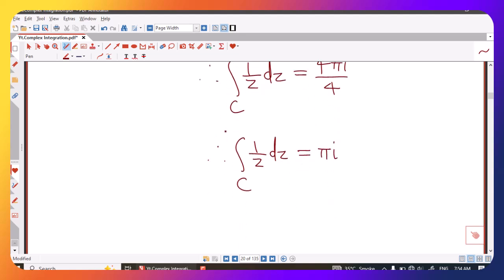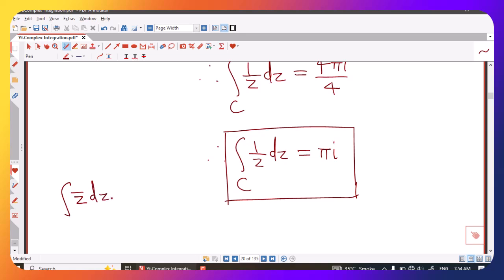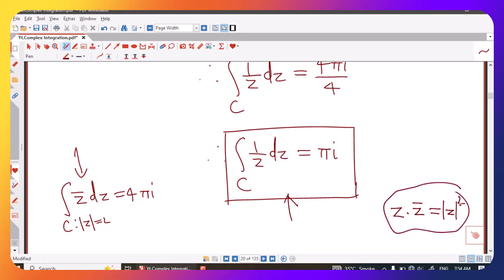So using the first part, in which we obtained that the integral of z bar is 4 pi i along the contour which is the right half of the circle mod z equal to 2, using this integral we are able to determine the value of this integral, and that is due to the property z into z bar equal to mod z square.